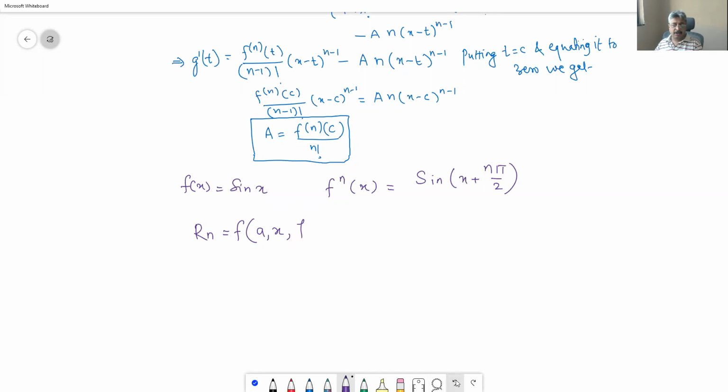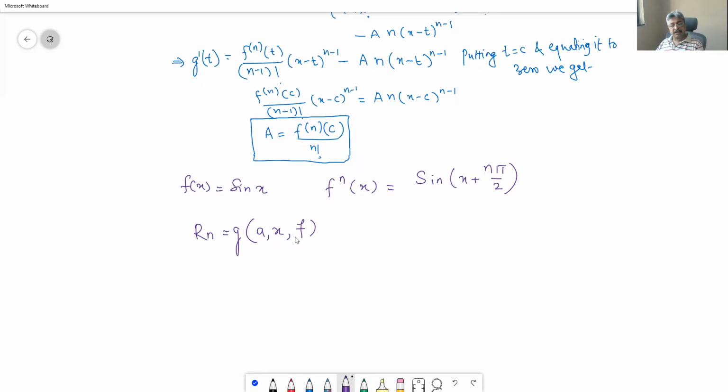So the remainder term is dependent on the function, the value of your base point, and the right hand limit. In the case of a comma x, the right hand limit, it is dependent on these three parameters.